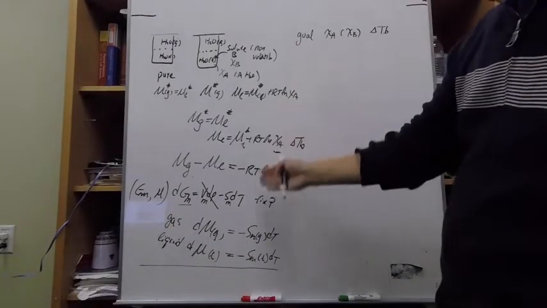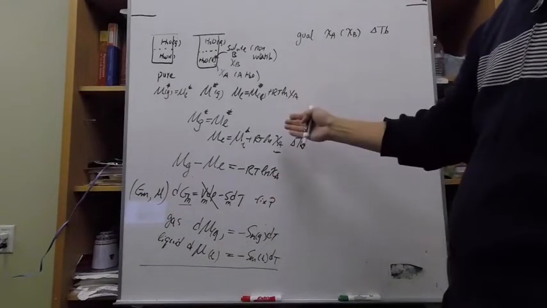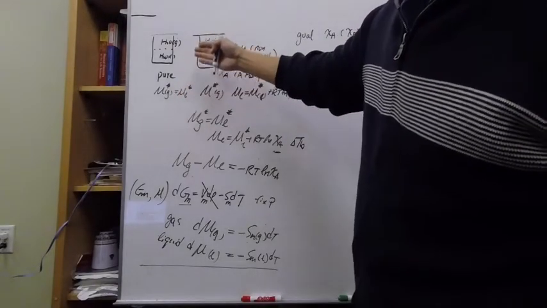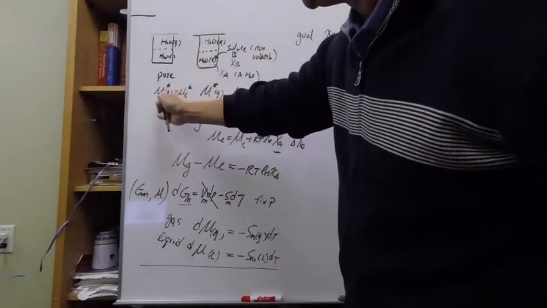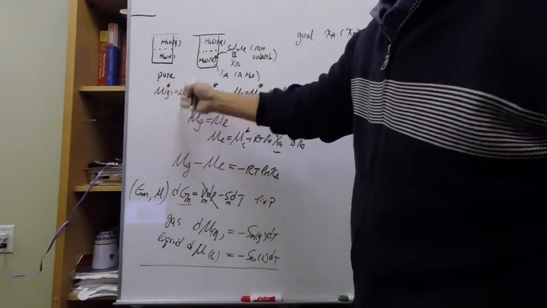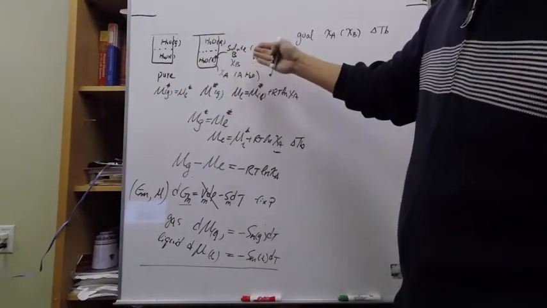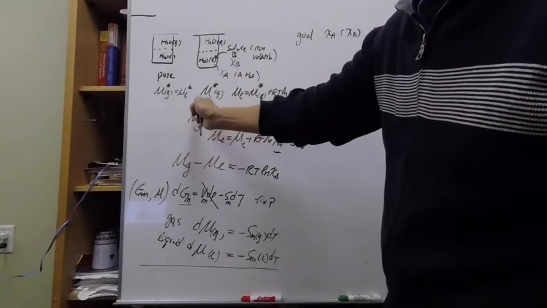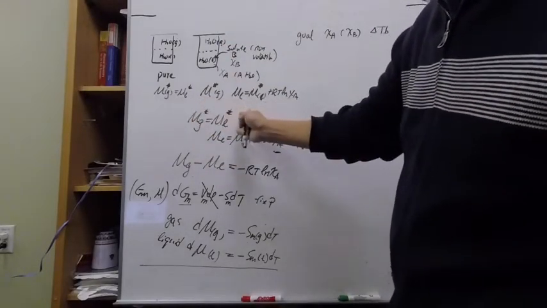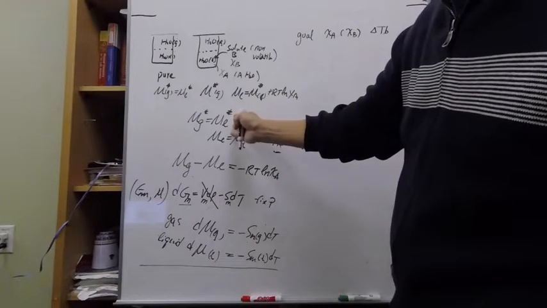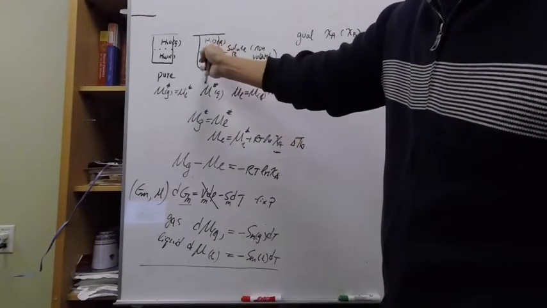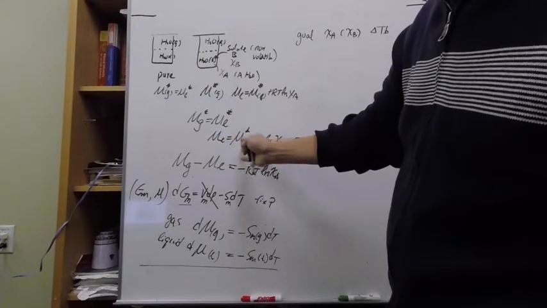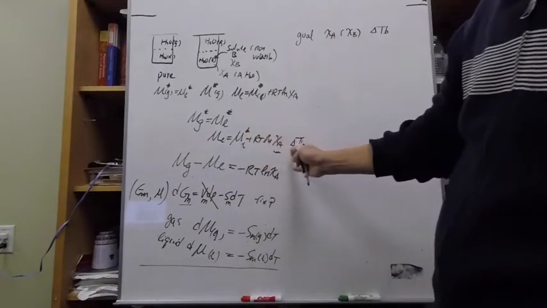Now, from the discussion to the left, we have already observed that when you have a pure system, you have the chemical potential of gas equal to the chemical potential of liquid. When you have a mixture, the gas is still pure, but the liquid is no longer pure, so the liquid deviates from the pure chemical potential by these terms.